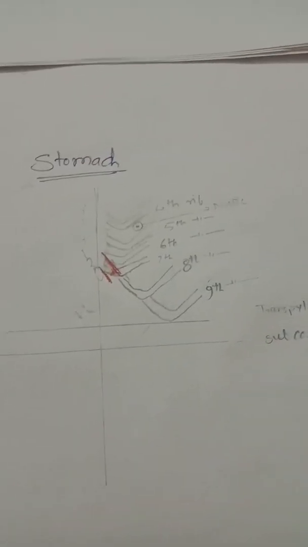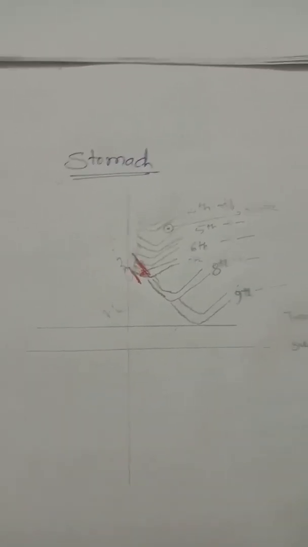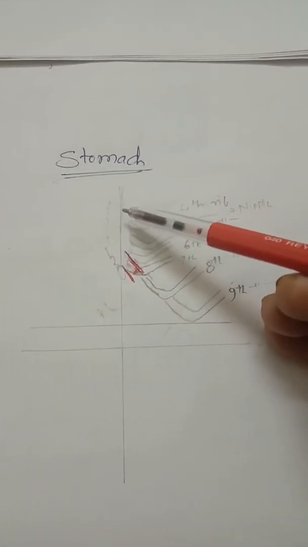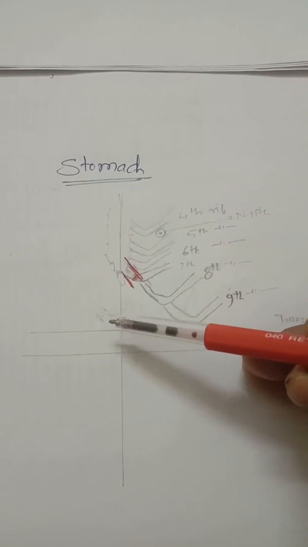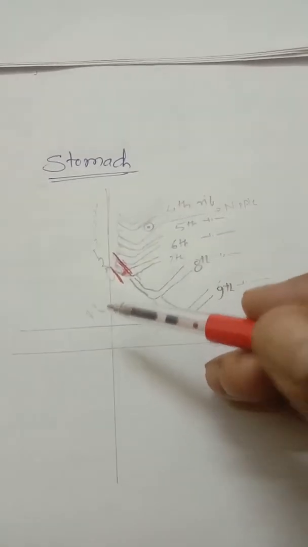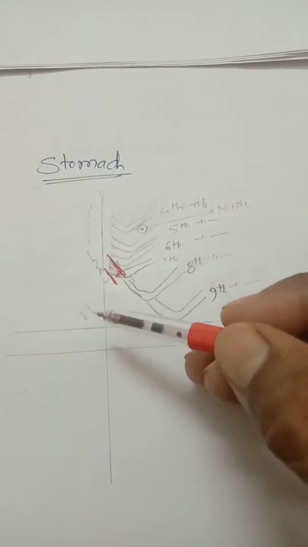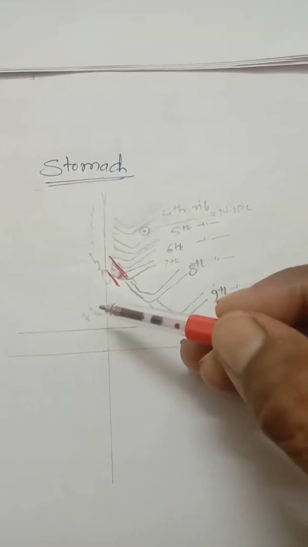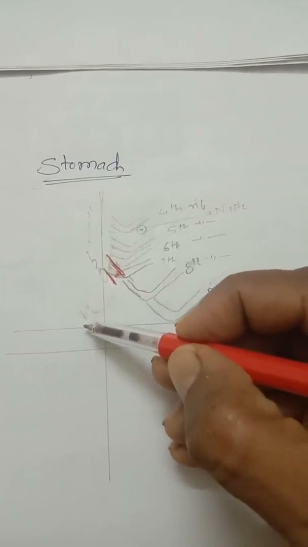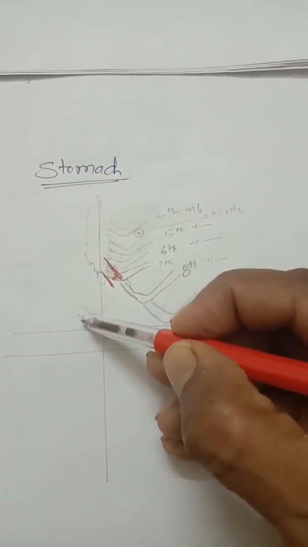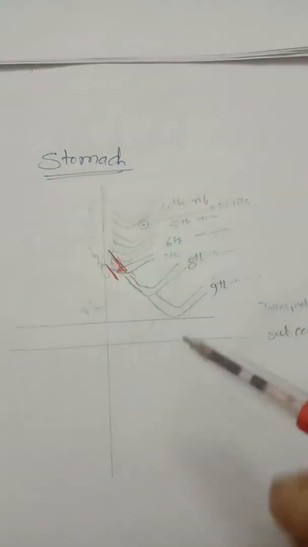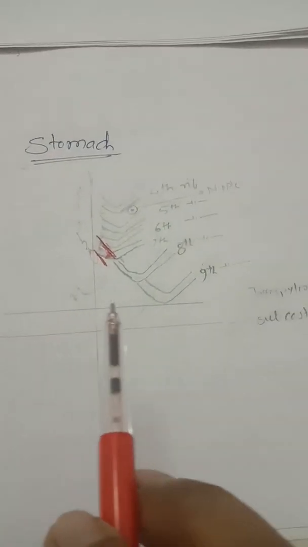Then to draw the pyloric end, it should be drawn to the right of the median plane, 2.5 centimeters lateral to the right side and 1.2 centimeters above the transpyloric line.